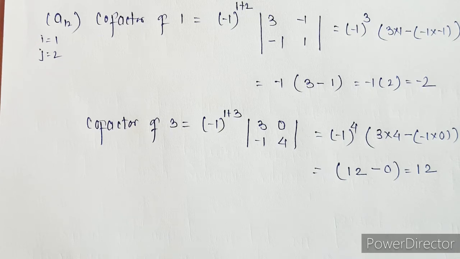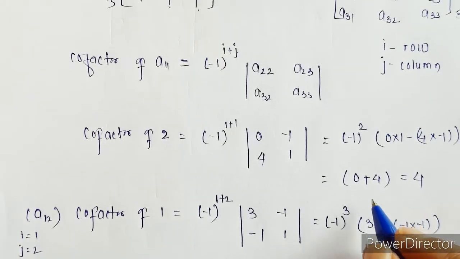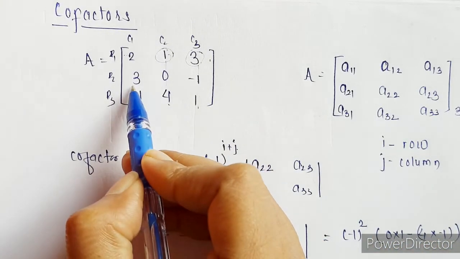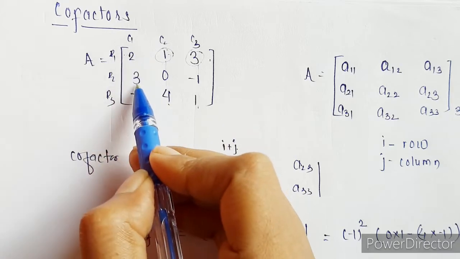Then we need to find the cofactor for the next 3, the element from row 2 column 1.